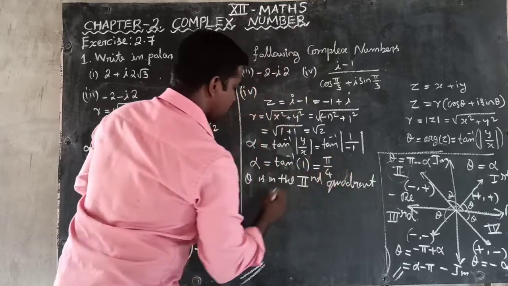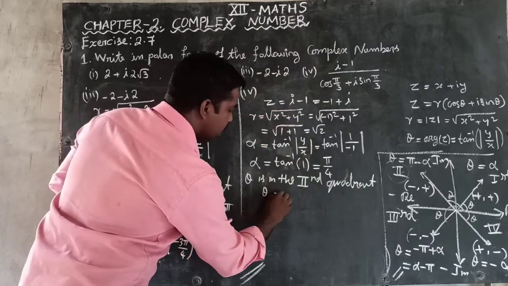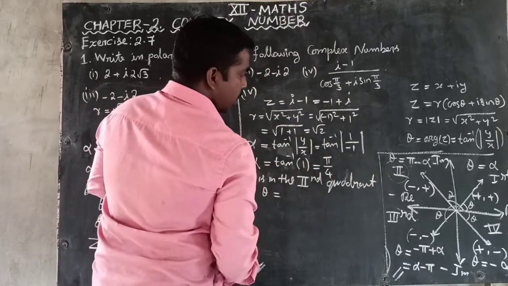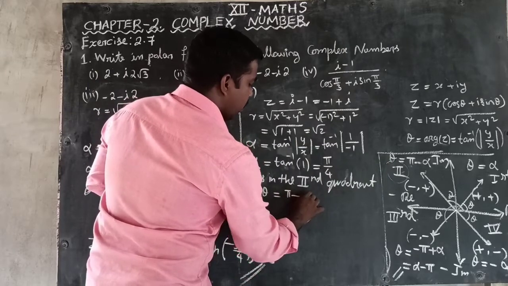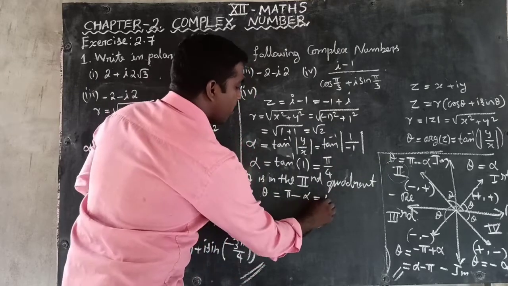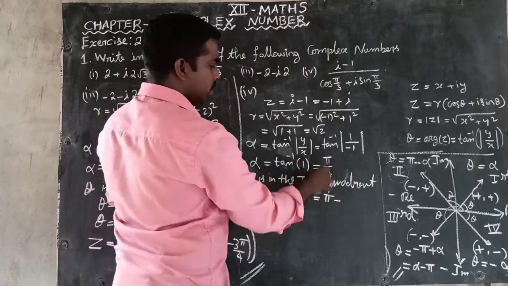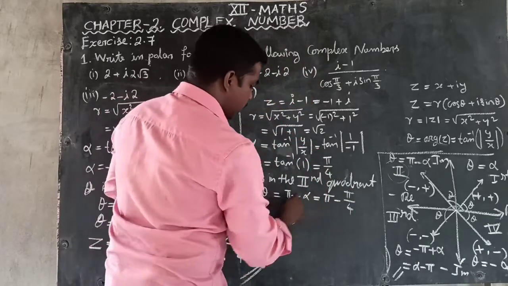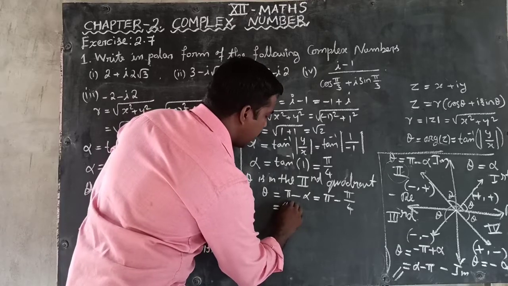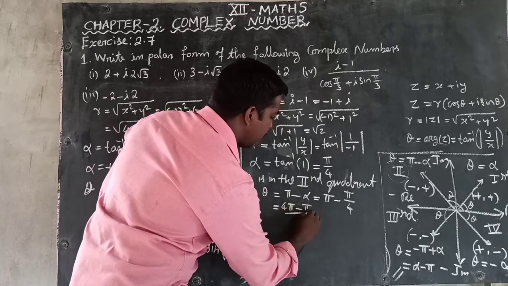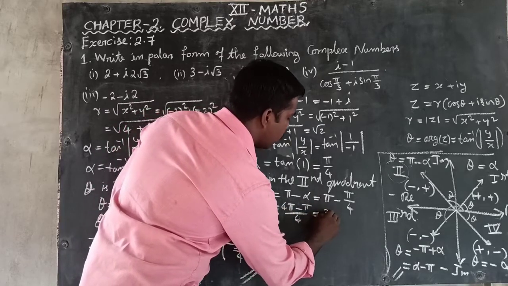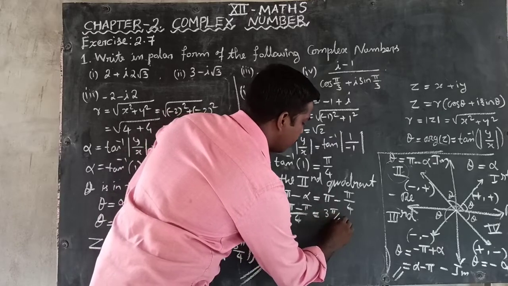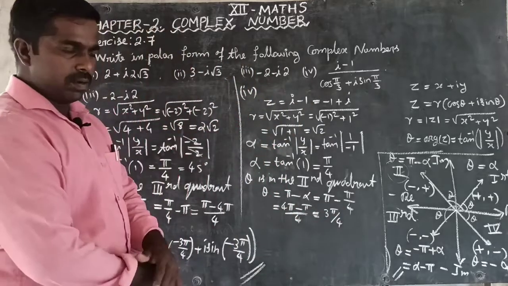The formula is theta is equal to pi minus alpha. So pi minus alpha is pi minus pi by 4. If we cross multiply, 4 pi minus pi divided by 4, therefore 3 pi divided by 4. This is the value of theta.